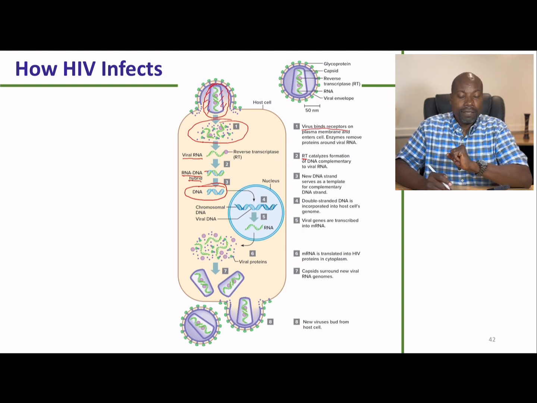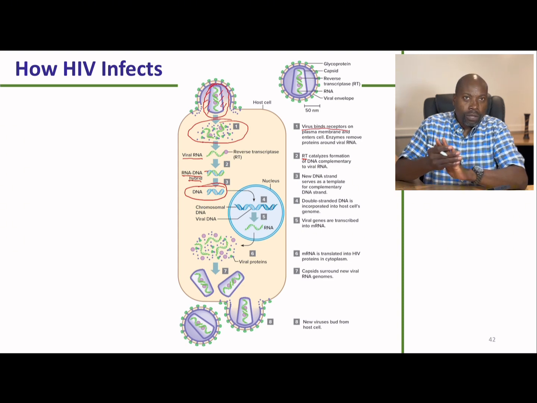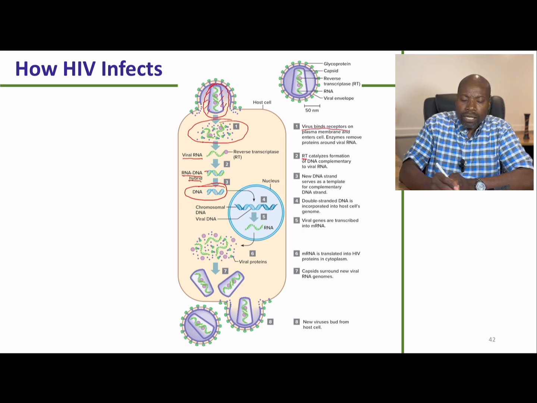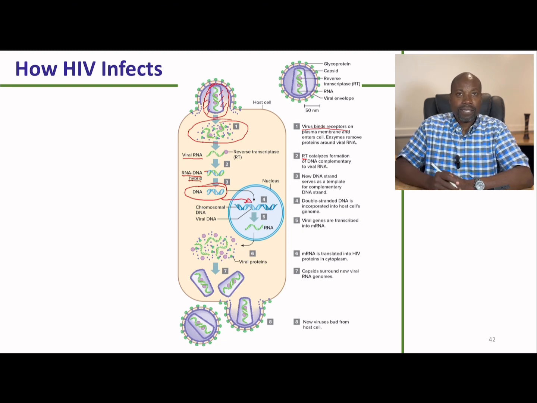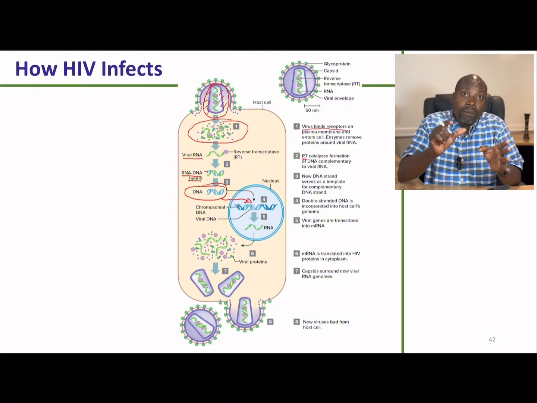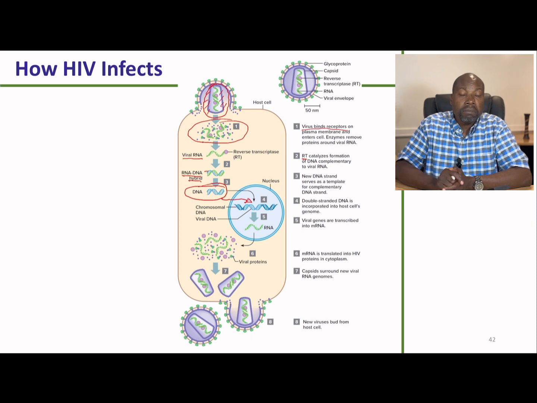Then, after that, our cells are going to see that double-stranded DNA molecule and say, wait a minute, a double-stranded DNA molecule in the cytoplasm, you don't belong there. You belong to the nucleus. Therefore, the double-stranded DNA molecule is going to be carried into the nucleus. And at that point, you are going to have that viral genetic information floating around in the nucleus.